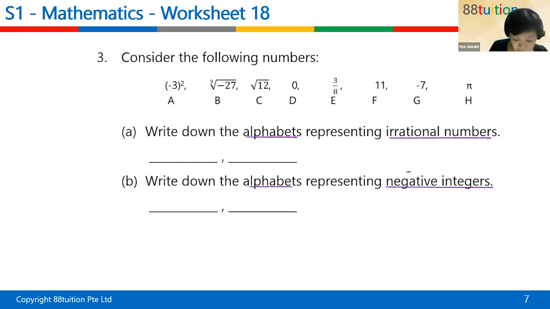Let's take a look at how are we going to know whether they are rational or not rational. Okay, first thing first, we work out. Negative 3 to the power of 2 is actually 9 because minus 3 multiply by minus 3, you get to 9. Okay, and cube root of the 27 is actually 3 to the power of 3, and then you cube root it.